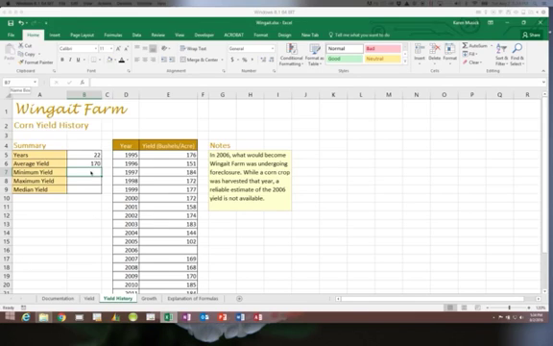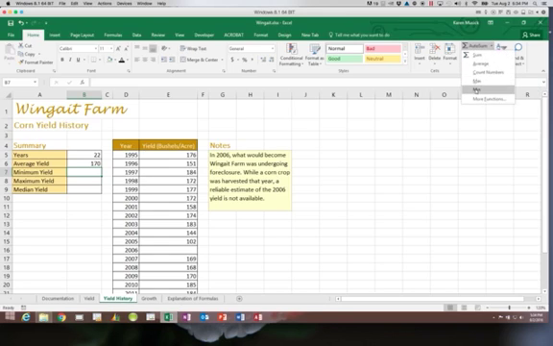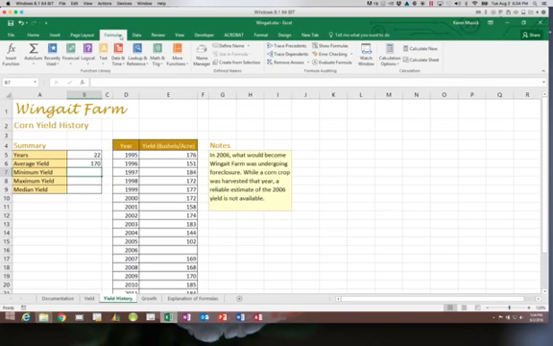To calculate the minimum, we could do equals and type in a formula. We could come over here and choose minimum, or we could go to the formula bar and try to find it there.